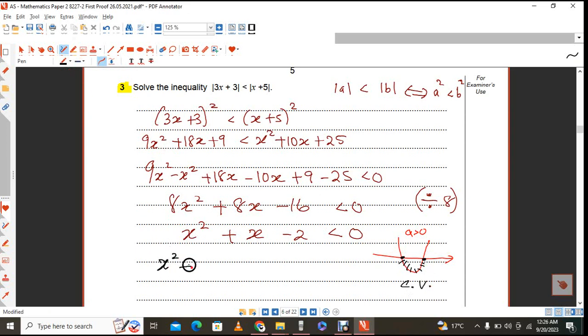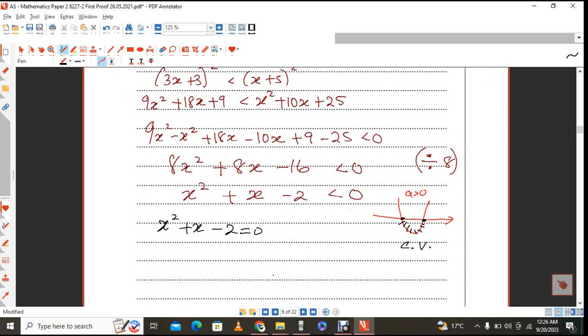by saying x squared plus x minus 2 equals 0, and we can actually go ahead and factorize that. That will be nothing but (x plus 2) times (x minus 1). That implies that x will equal negative 2 or x equals 1, which are now your critical values.